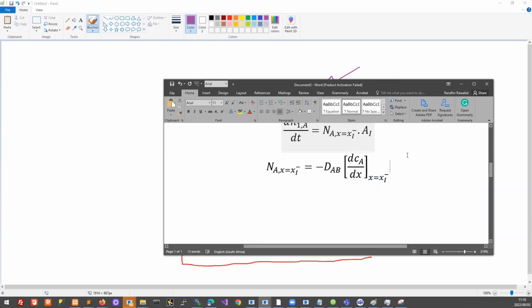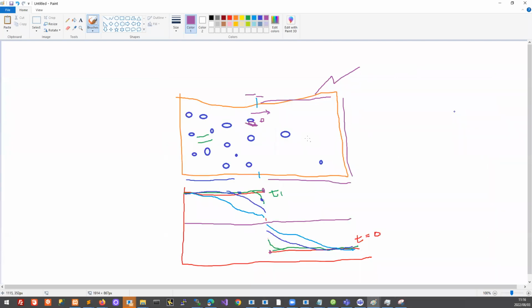Okay, so this we need to estimate, and we need a certain finite gradient here. So actually, there is no gradient. There is a zero thickness here once you remove the interface.